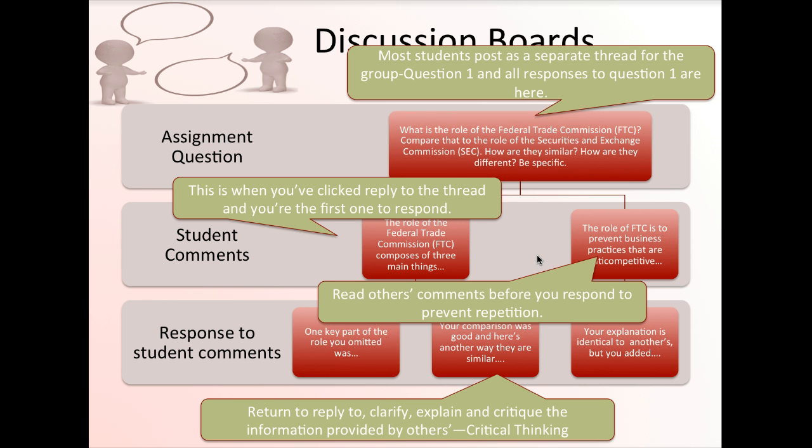That's what makes this a critical thinking academic exercise. It's not just answering the question and saying, okay, I'm done, I finished that assignment. It's about a discussion. This is a conversation. And a conversation isn't just one person saying something and then leaving and never replying. It's about consistently being involved in the conversation.